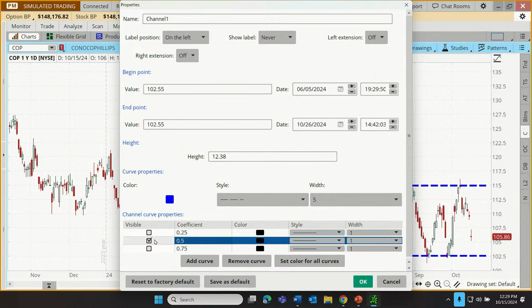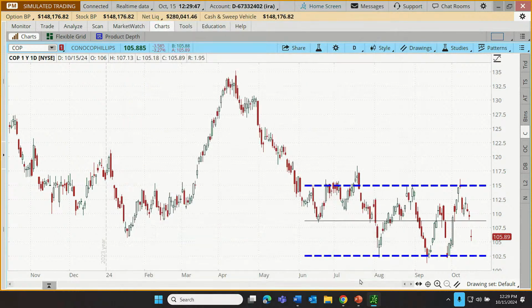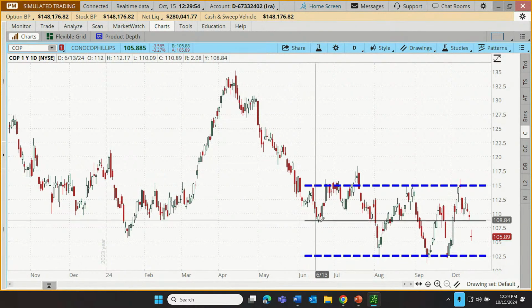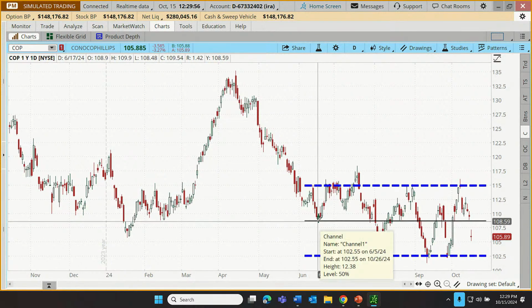That's a midline. So if I click OK, I'm going to leave that as a solid thin line, a 1 out of 5 in width, instead of being sort of a thicker blue dashed line. I'm going to leave that a solid thin black line. But as I click OK, you can see how that's interesting. Right in the middle of that COP, that acted as a support level.